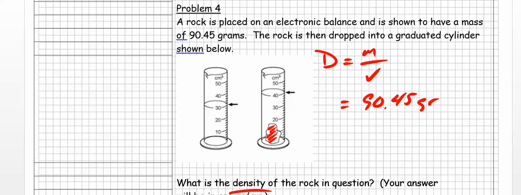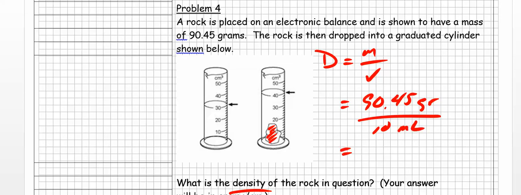In fact, we went from 30 to 40. That's a difference of 10 milliliters. That means the rock must have displaced 10 milliliters. So the volume of the rock, and by the way, this is a common technique for determining the volume of an irregularly shaped object like a rock, is 10 milliliters.